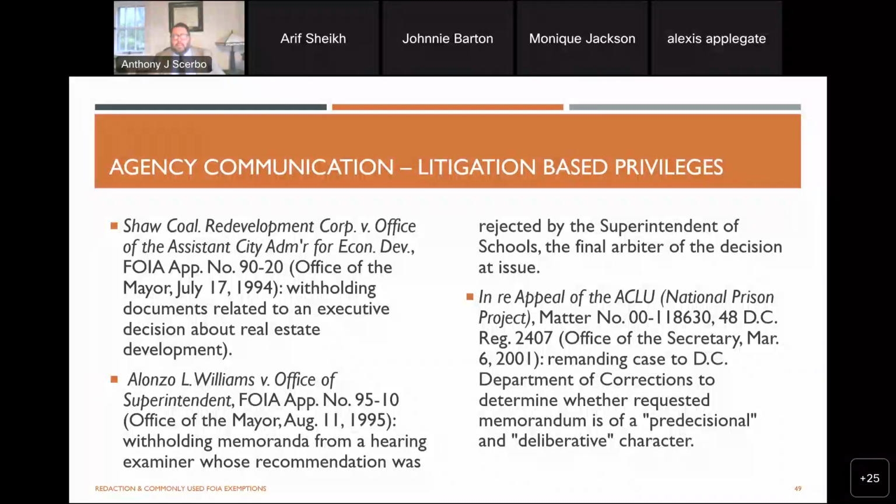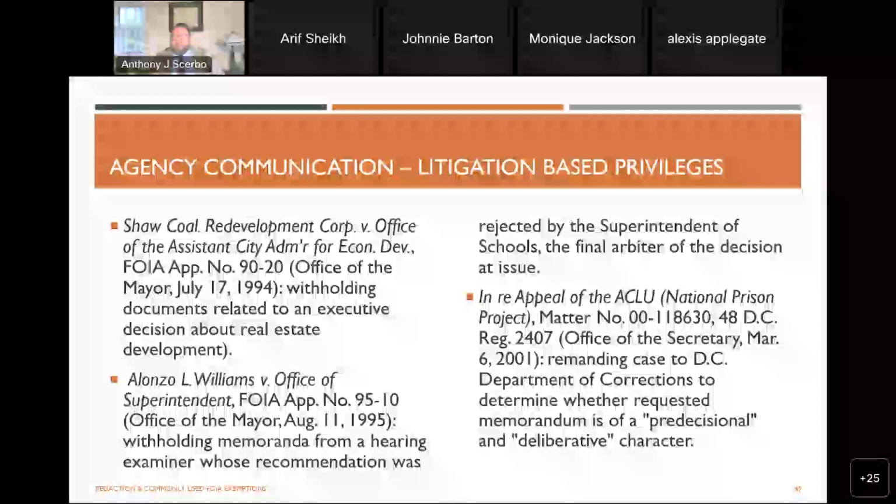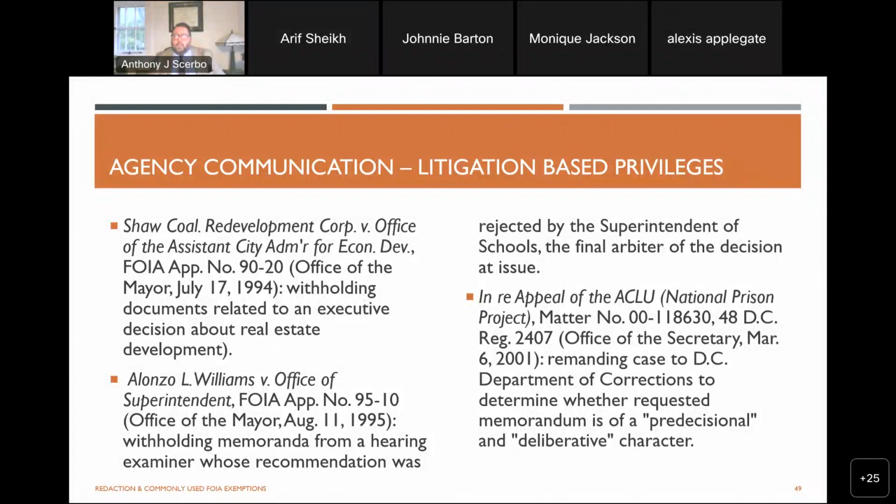And then in Re Appeal of the ACLU, this was about remanding a case to the DC Department of Corrections to determine whether the requested memorandum is of a pre-decisional and deliberative character.